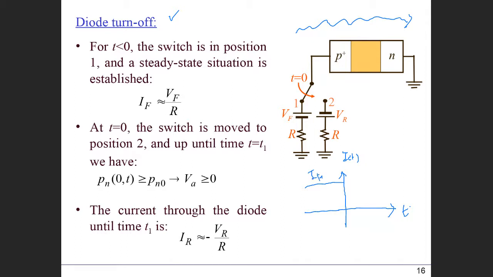Then at T equals 0, we suddenly change this to minus IL. When you have this sudden change of current, we are interested in how the charge is going to change.